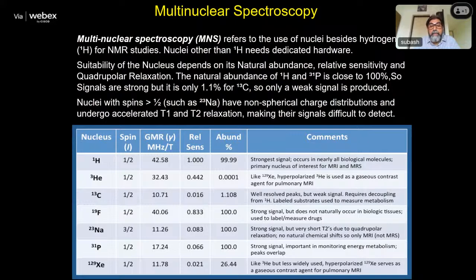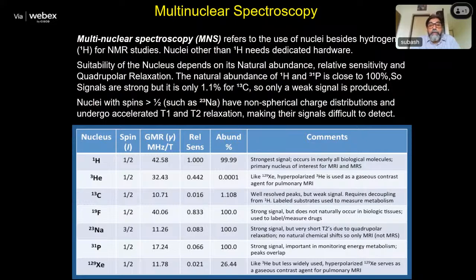These are the two nuclei which can be studied much more easily, though sodium-23 has a quadrupolar relaxation because it has a spin of 3/2, so it is a little complex. It is a non-spherical charge distribution, and it has very short T1 and T2 times, making its signal a little difficult to detect.